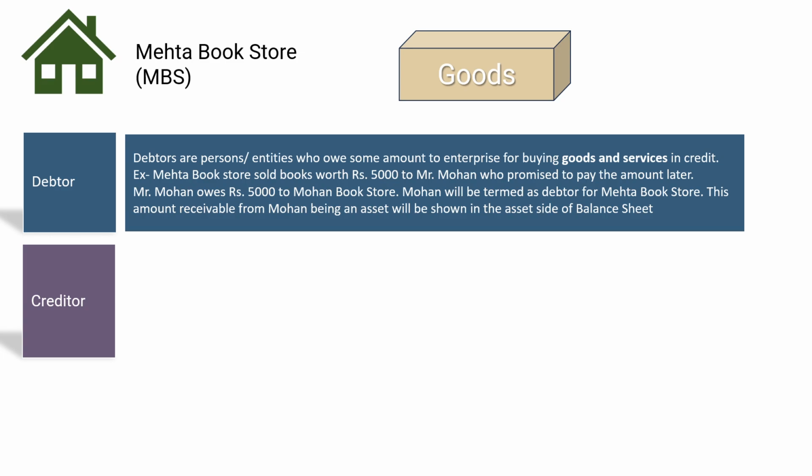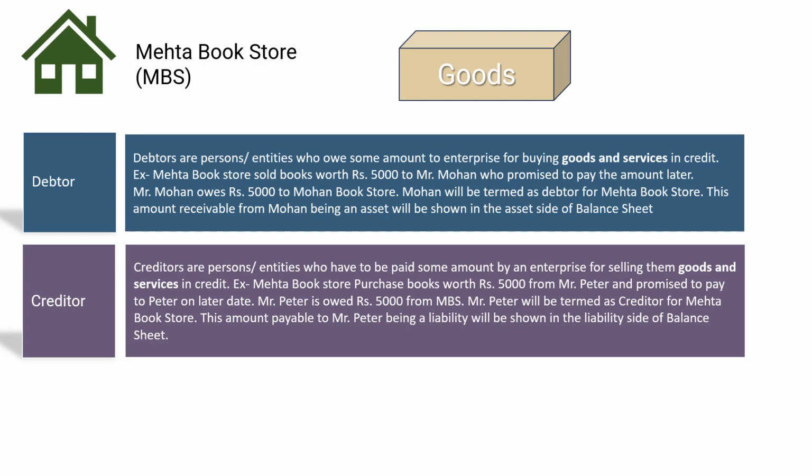Now exactly the opposite of debtors are the creditors. Suppose Mehta bookstore went to buy some stock from its supplier, and after getting those items said, I do not have the money right now, I'll pay the money to you later. Here Mehta bookstore owes the money to the supplier.